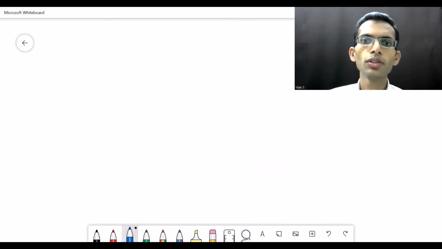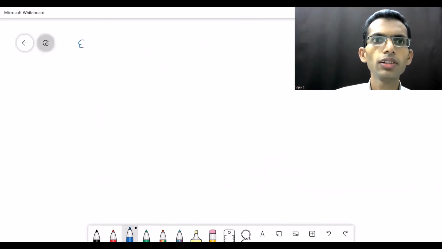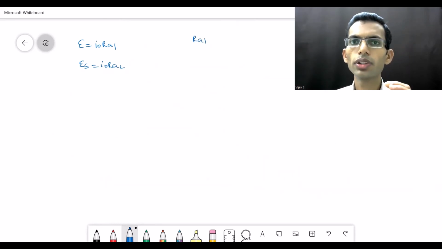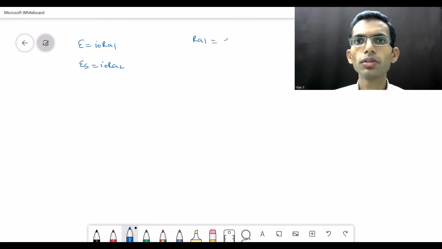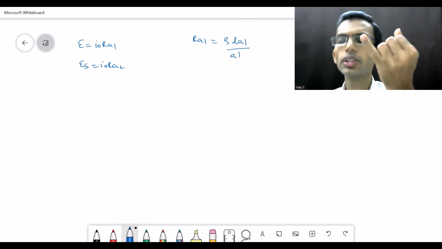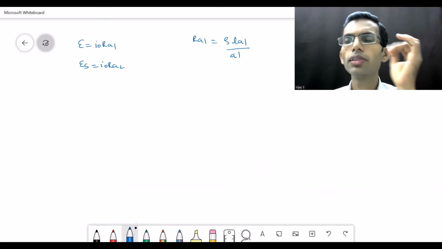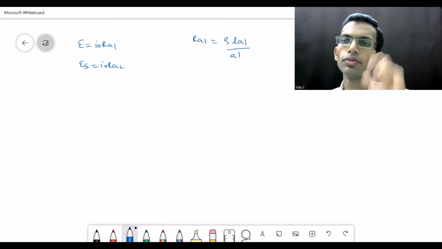So we obtained E is equal to I naught RA1, ES is equal to I naught RA2. But what is RA1? Resistance of the wire between junction A and moving contact position 1. So that is rho LA1 by A dash, as the resistance of the wire is given by rho L by A. Here rho is the resistivity of the wire, A dash is the area of cross section, LA1 is the length of the wire between A and 1.